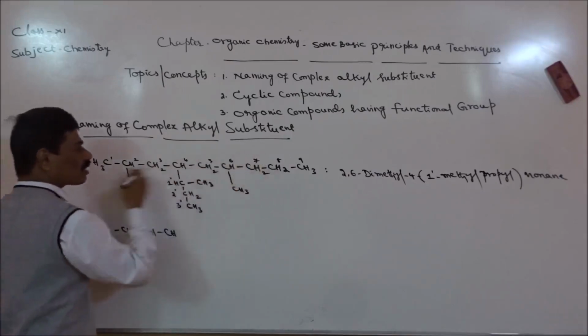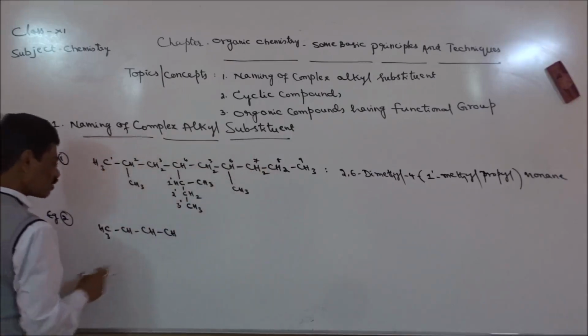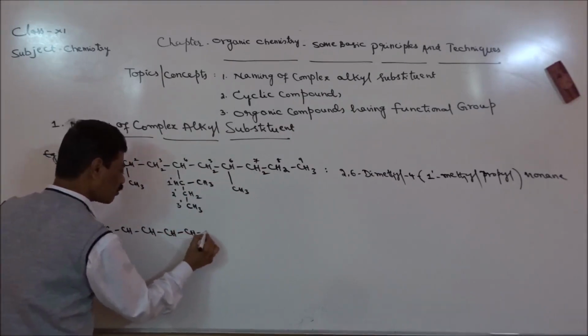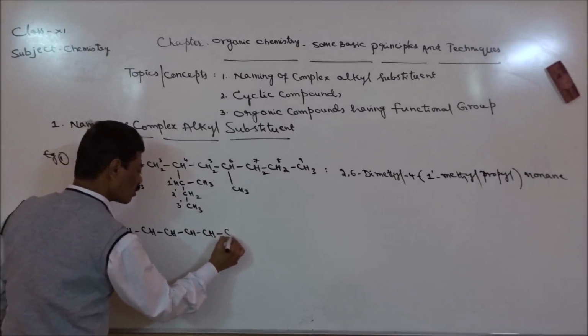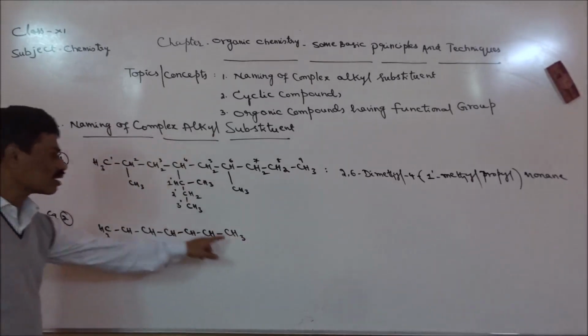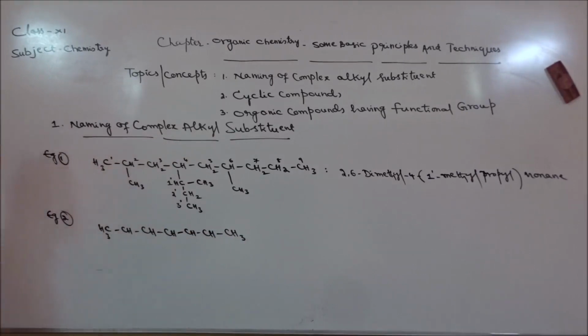Here I have taken a 9 carbon atom long chain and here 7 carbon atoms: 4, 5, 6, 7. So the terminal carbon atoms have 3 hydrogen atoms each, meaning no hydrogen atom of the terminal carbon atom is substituted.